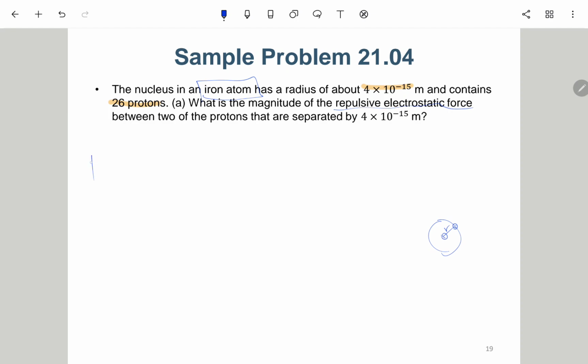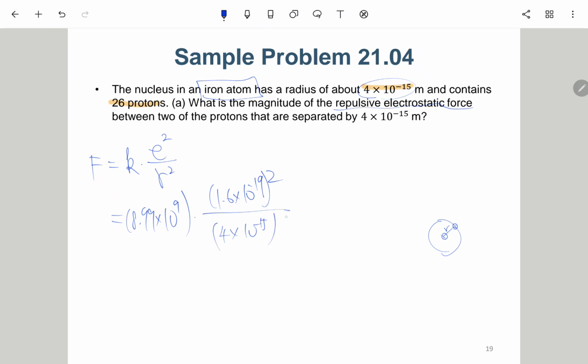OK， 所以这个题目很简单。So actually this value should be nothing but F equals k times e times e over r squared. So we can just plug in the values: 8.99 times 10 to the 9th power, times 1.6 times 10 to the minus 19 quantity squared, over 4 times 10 to the negative 15 quantity squared.